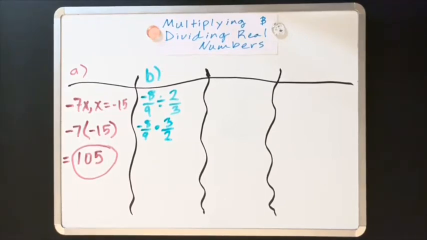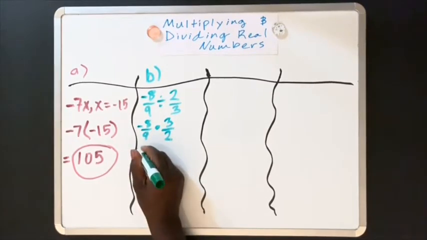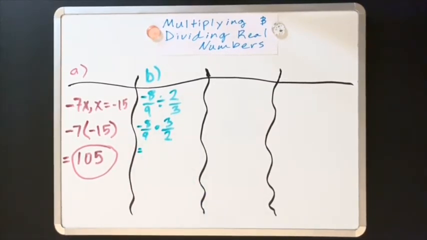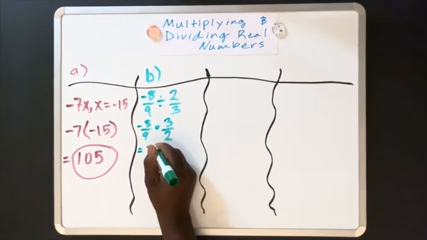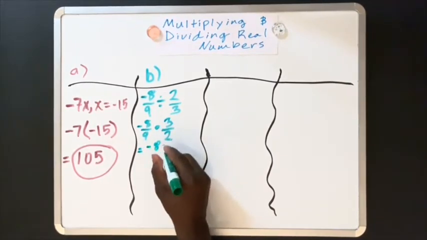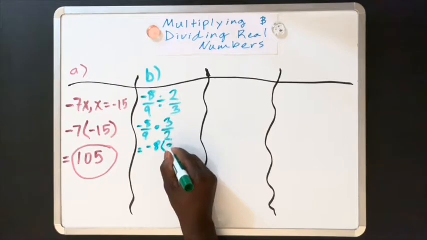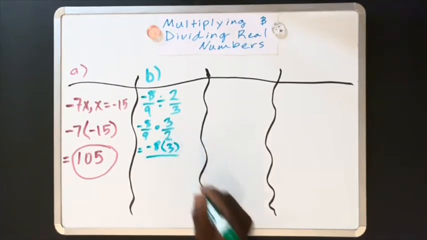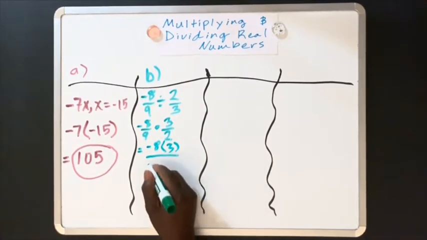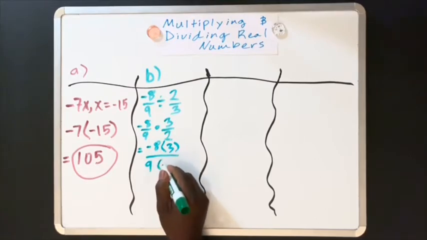Now, we're going to go ahead and follow the rules for multiplying fractions. You multiply numerator times numerator over denominator times denominator. So we set that up, and we end up with negative 8 times 3 over 9 times 2.